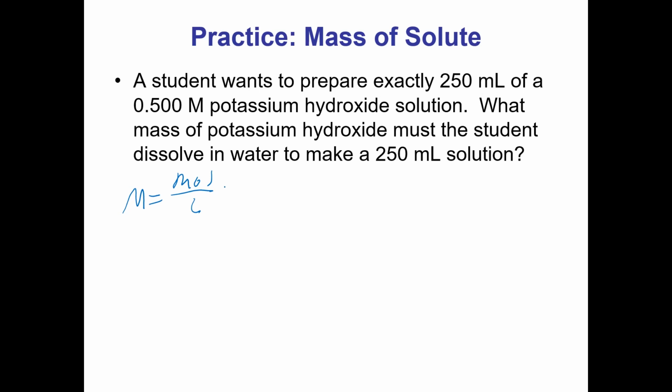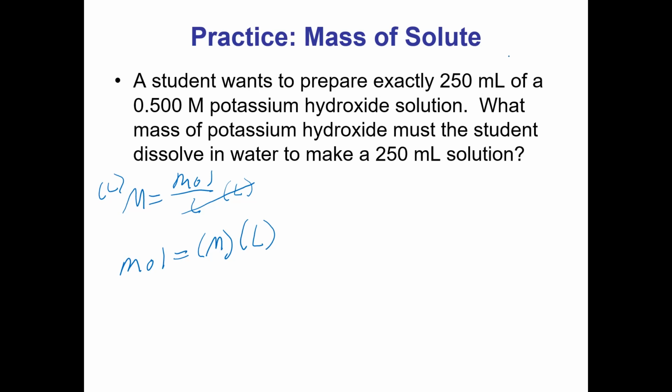So if we rearrange this equation algebraically, moles is equal to molarity times liters. Now, you can rearrange these algebraically, or you could memorize all three ways of arranging the equation so that you can calculate molarity, moles, or liters, which would be a lot of memorization for you.